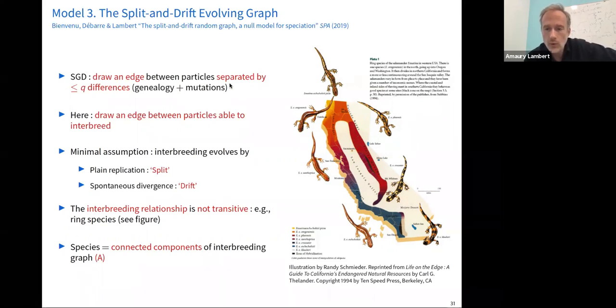Two adjacent populations can interbreed, but when the populations meet on the southern side of the San Joaquin Valley, the two populations there cannot interbreed. So you see that this interbreeding graph is not transitive. It's cyclic, minus one edge at the southern end of the valley. And so what we would like to do is to define species as the connected components of the interbreeding graph.